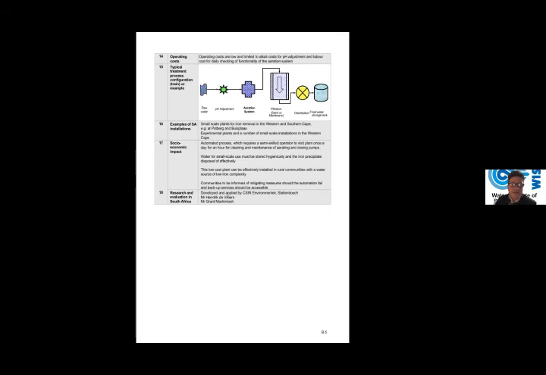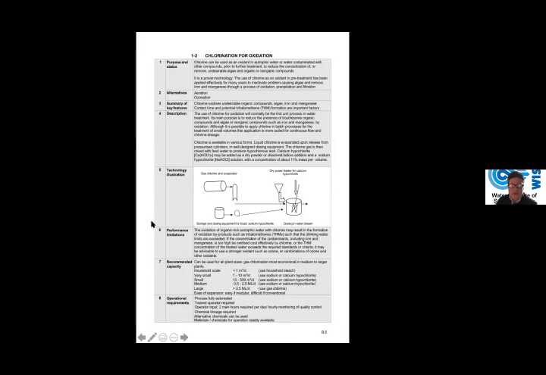Examples of South African installations, and then a number of things regarding socio-economic impact. So if you're in a very rural area, will you be able to sustain this, or will this be a sustainable option? Things like that. And then you can also see research and evaluation, some institutions and even researchers that can be added there. Same for chlorination.